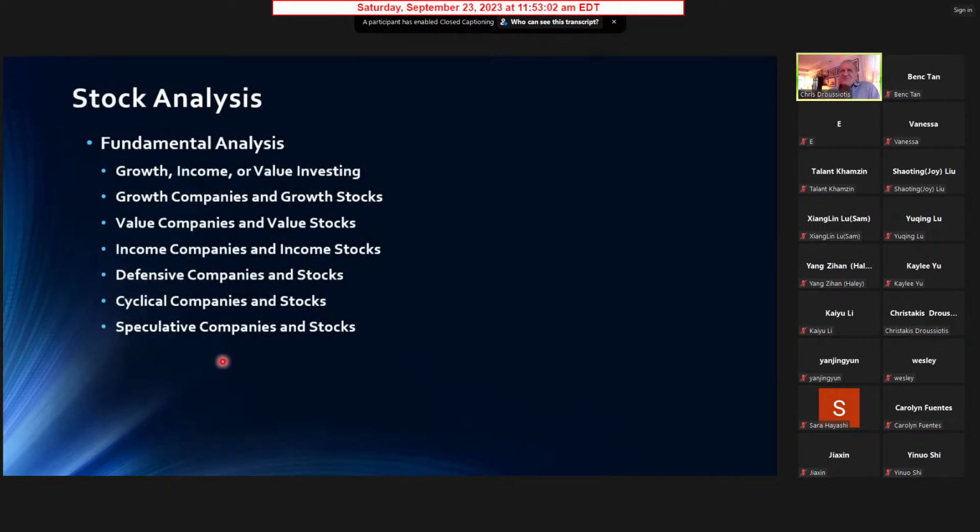Now, there's certain fundamental analysis based on expectation, right? So there are three types of companies. One is called growth companies, other companies are called income companies, or value investing. Growth companies are companies where you don't really care about the dividend.